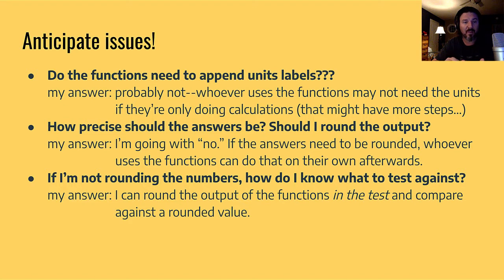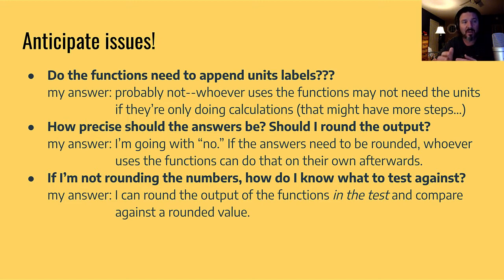Second question that came up is, well, then how precise should the answers be? Should I round the output? And the problem here is you don't know how much precision the person who will be using your equations is going to need, right? If somebody's doing this for something like an online calculator, probably they don't need a huge number of decimal places.